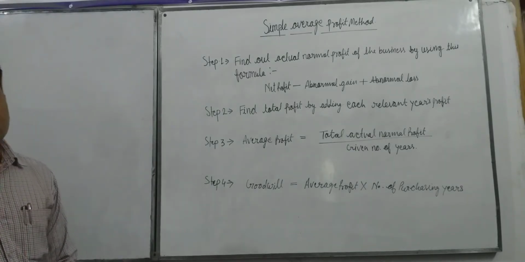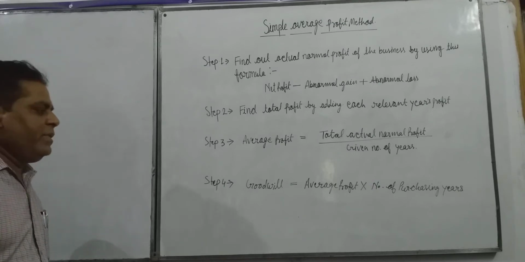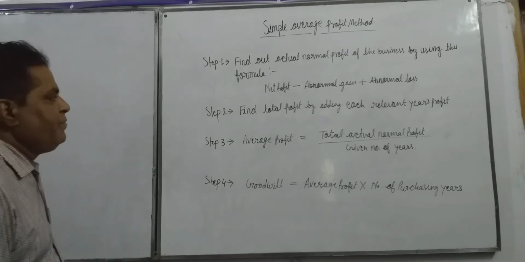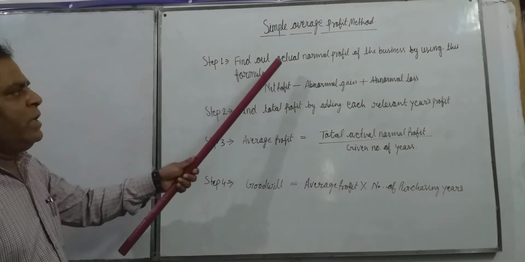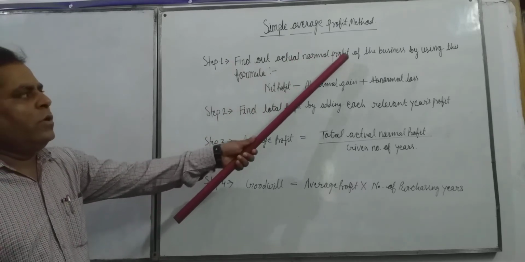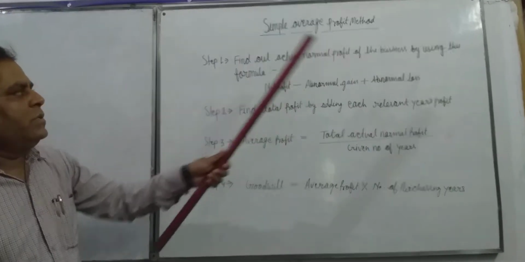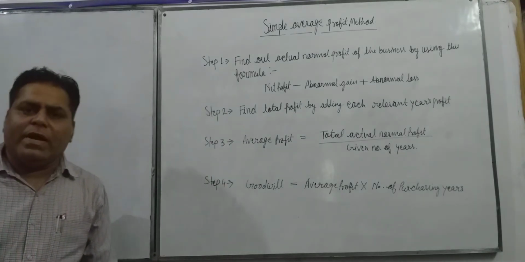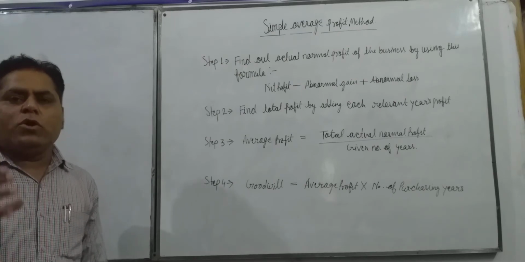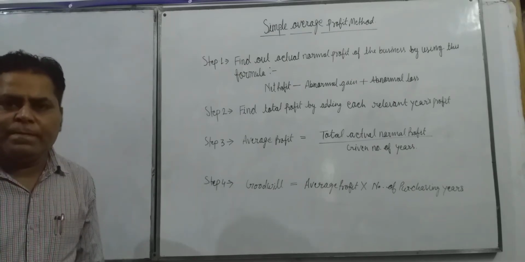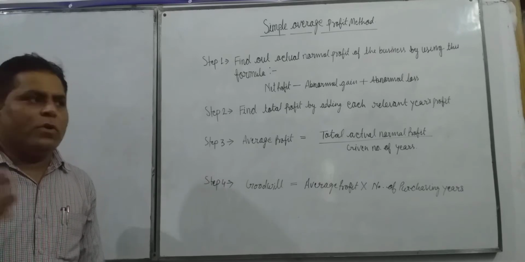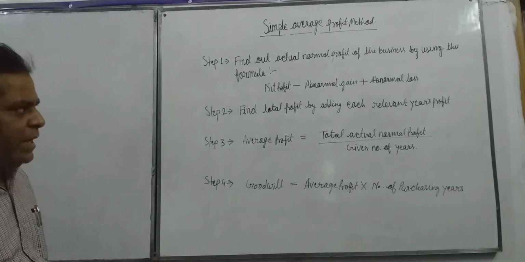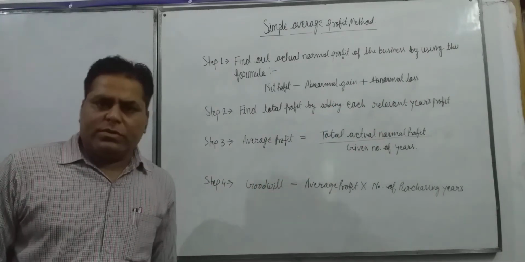In the simple average profit method, we have four steps to determine the value of goodwill. See, the first step is to find the actual normal profit of the business using this formula. For the valuation of goodwill, we require the actual normal profit of the business, and this normal profit always excludes abnormal gain and abnormal loss.